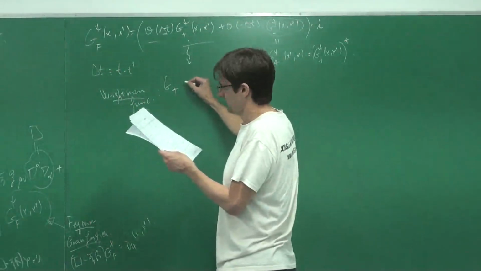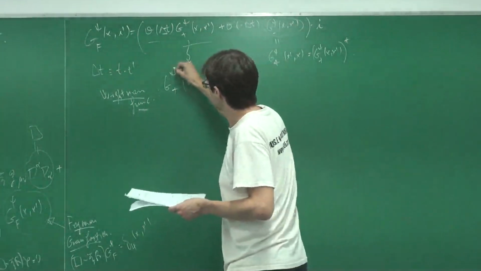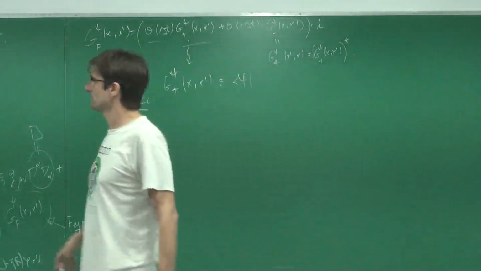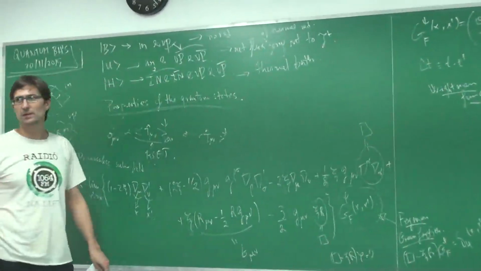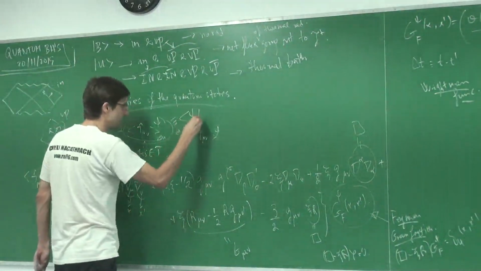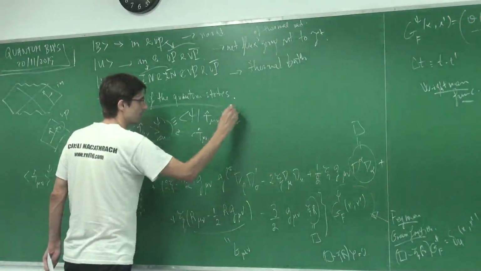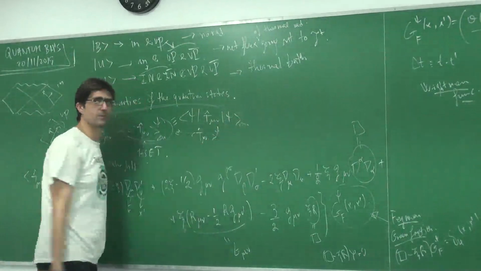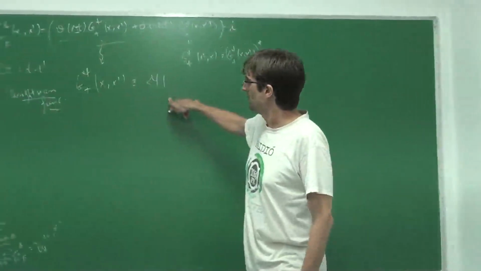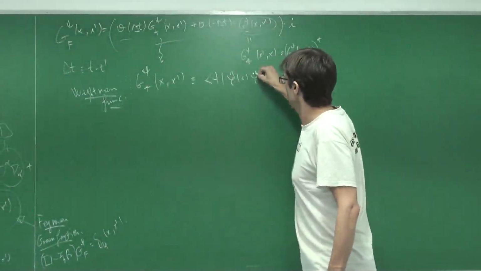This is the expectation value on the state psi. Every time I put this expectation value with a superscript for a state, what I mean is the expectation value in that state of whatever operator I have. So this is phi x phi x prime.